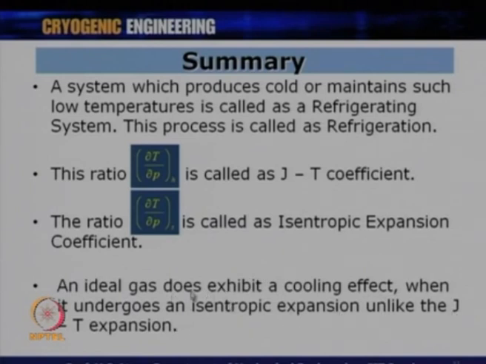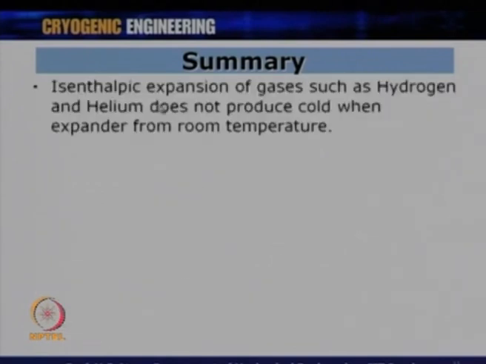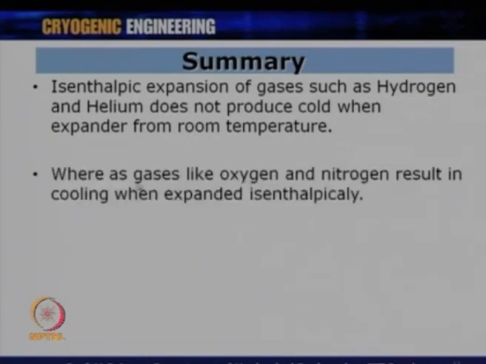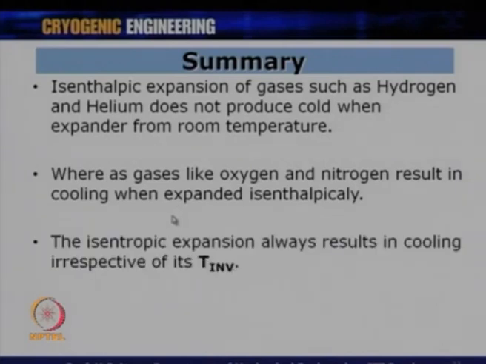JT expansion has to worry about the inversion temperature of the gas. Isenthalpic expansion of gases such as hydrogen and helium does not produce cold when expanded from room temperature because their inversion temperatures are less than room temperature, whereas gases like oxygen and nitrogen result in cooling when expanded isenthalpically. The isentropic expansion always results in cooling irrespective of the inversion temperature.